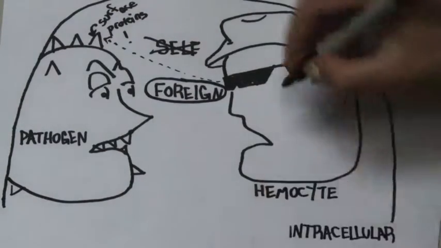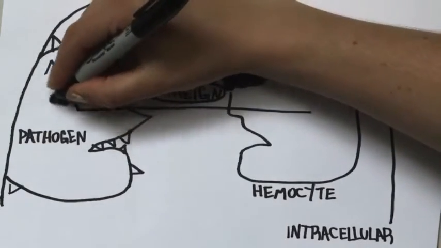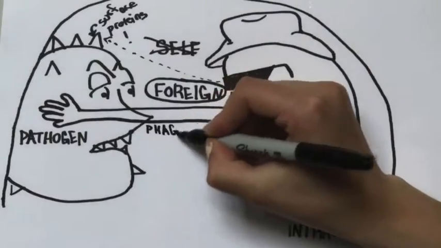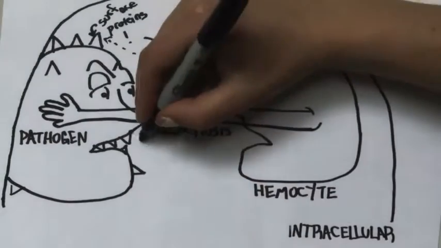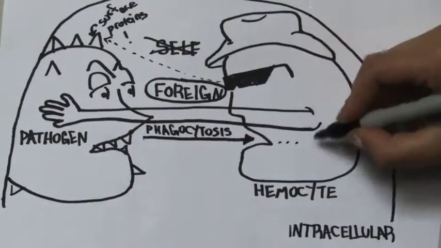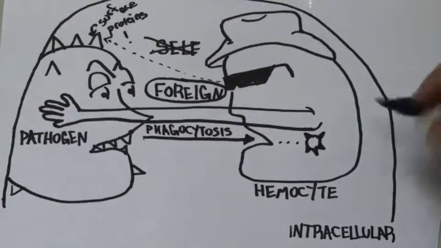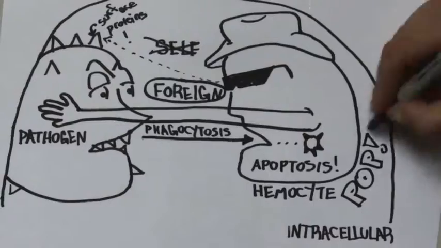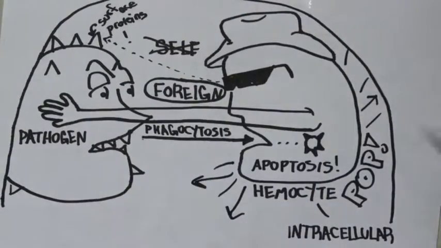Foreign bacteria are eliminated by phagocytosis. The hemocyte engulfs the pathogen and induces apoptosis to destroy it. Both the pathogen and the hemocyte are destroyed.